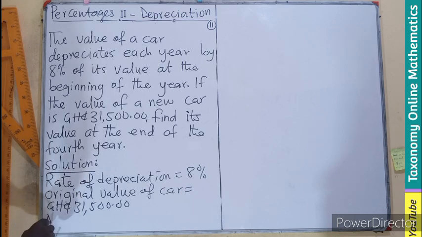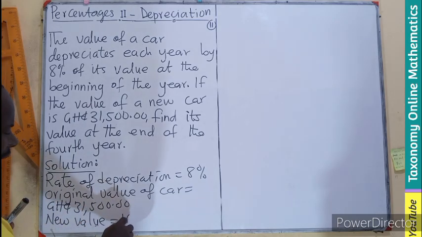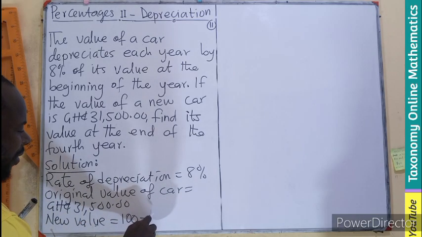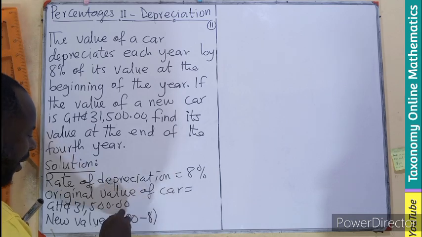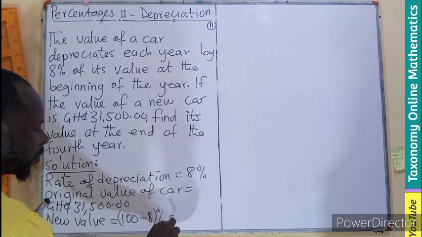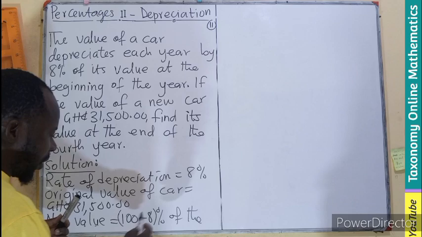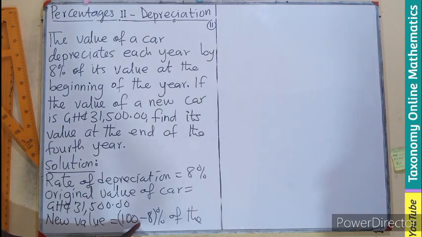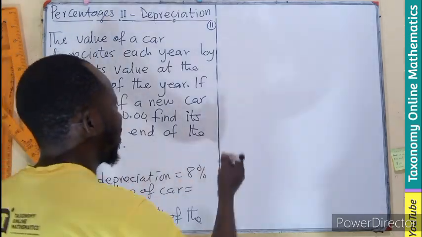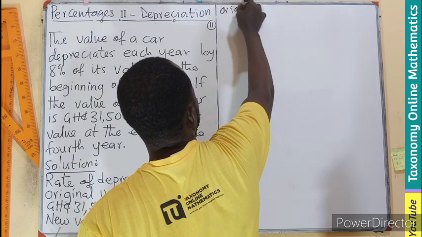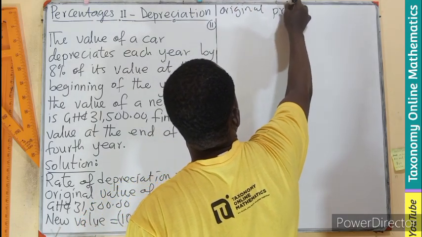So we can say that the new value, or new price, okay, let me use value, will be equal to 100% minus the 8%, of, this is going to be 92% of the original price.